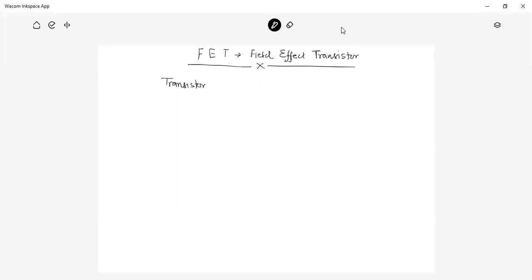You have the idea about two types of transistor, PNP and here it is NPN.